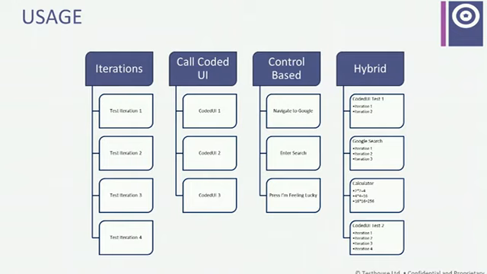Or in the calculator example, within your data file, as well as the input and output numbers, you can put in the plus, minus, divide, for example, and so you can test all of the different functions. So you can do different button presses depending on what comes along within the data. You can change which controls you manipulate through the data driving.